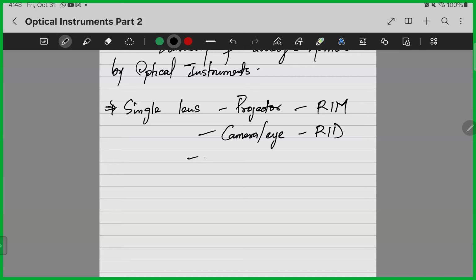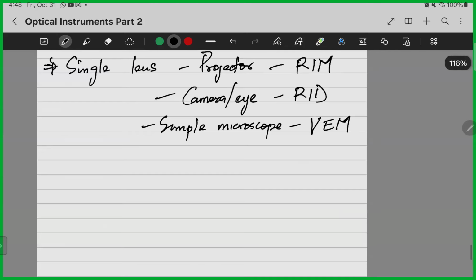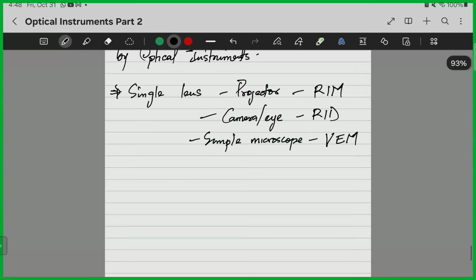Then a simple microscope forms VEM: virtual, erect, and magnified. Then there are others called double lenses.